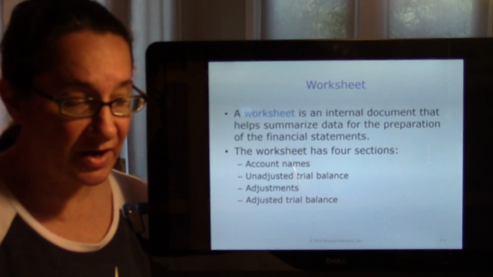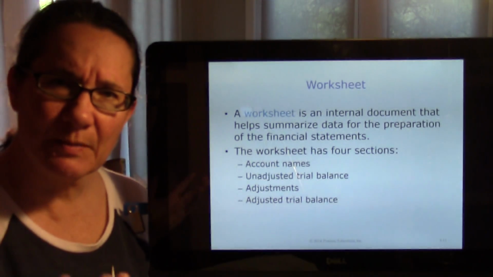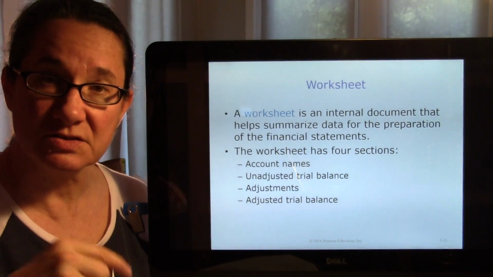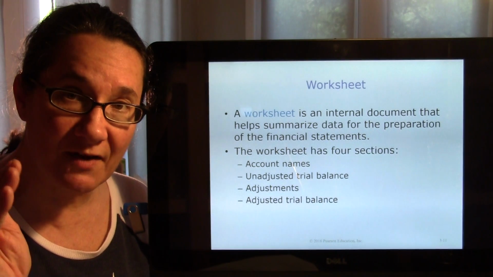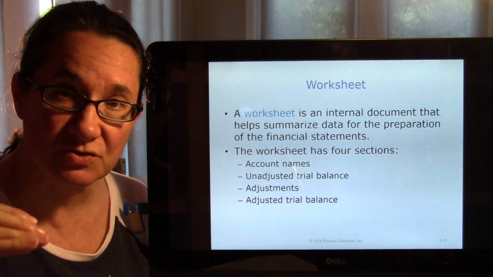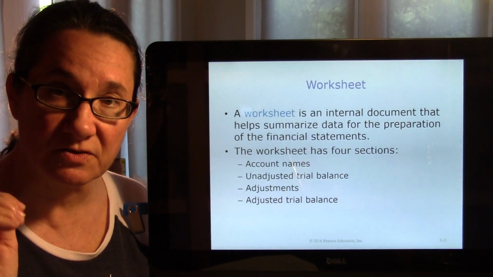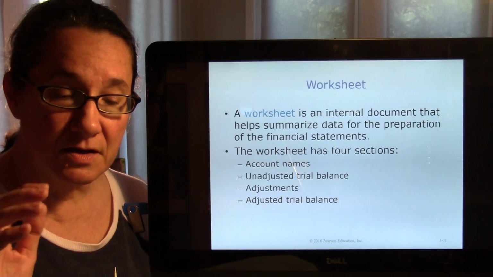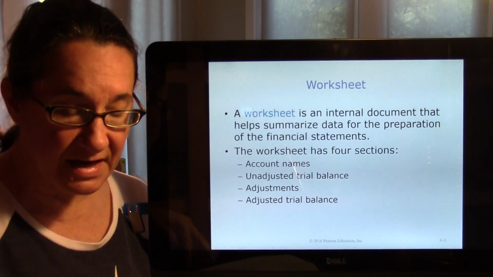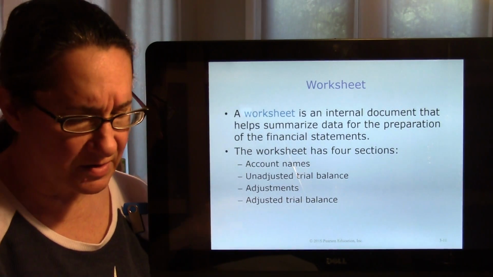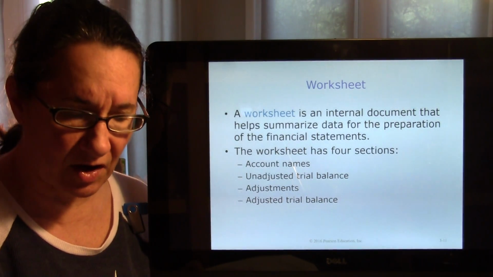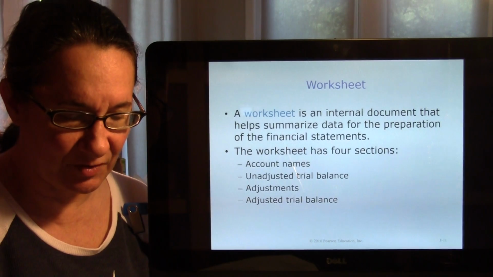So internal document means outside people aren't going to look at it, right? The financial statements, investors, bankers, people like that look at. That's why we have to prepare them in specific ways with specific accounts. But an internal document, we prepare however we like. So we do it in Microsoft Excel and we create our columns, and nobody's going to look at that from the outside.